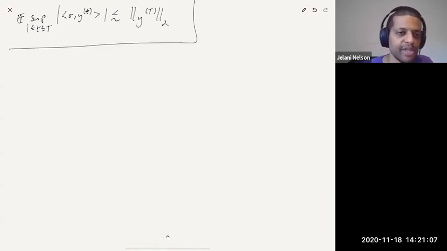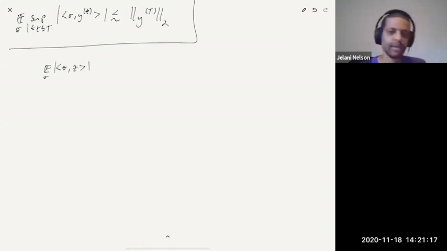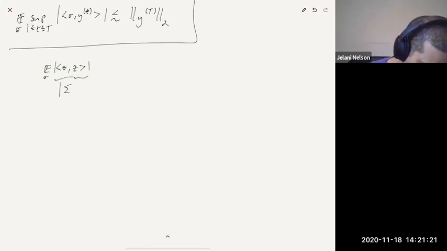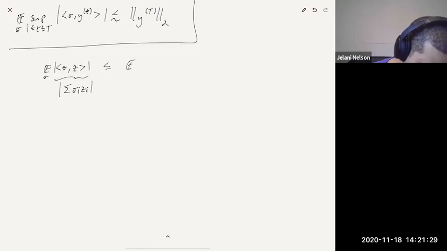Now, forget about the sup. What is the expectation of just sigma dot z? This is an expectation over sigma. This is just the sum of sigma_i z_i. By Cauchy-Schwarz, this is at most the square root of the expectation of that thing squared.